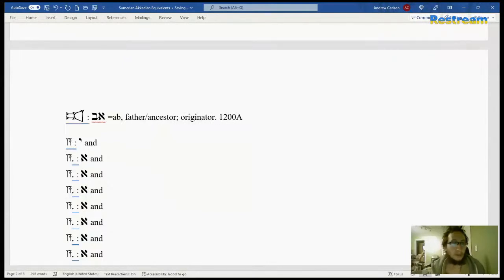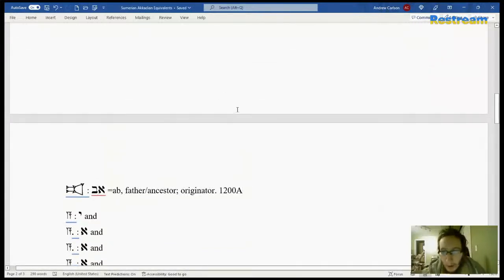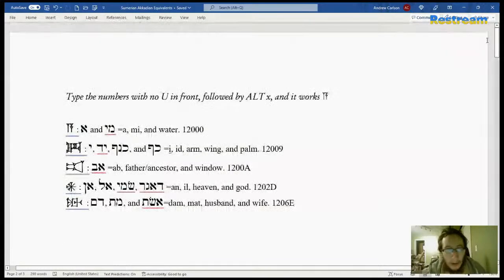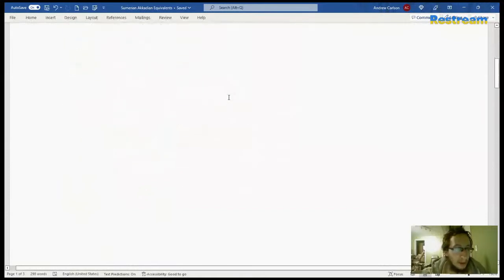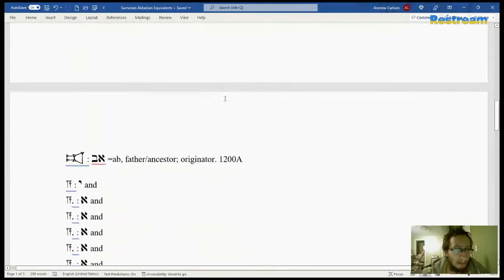Okay, so ab, father, ancestor, originator. If you want to spell it a certain way, you simply have to type the numbers with no U in front, followed by Alt X, and then it'll give you the Akkadian form. But you have to have the Akkadian font file.